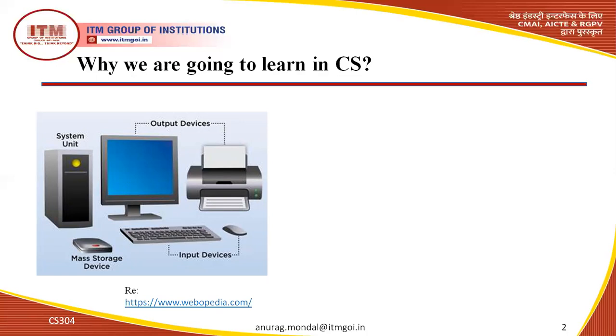What is this system? This system has some display unit, input device, output device, central processing unit, and some storage device. The combination of all these devices is the computer system.